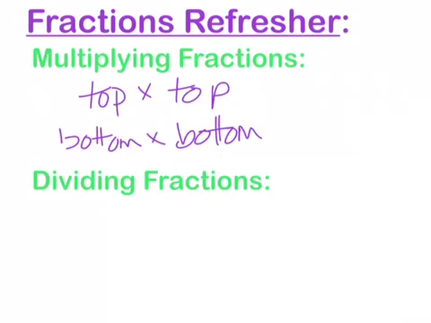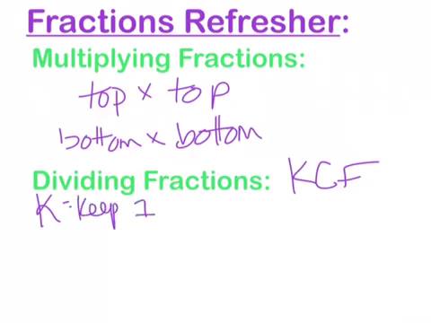Now, what about dividing fractions? No, it was not Kentucky Fried Chicken, even though y'all like to say that. It was keep, change, flip. So we're going to talk about what each one of those means. First thing we had was K for keep, because we had to keep our first fraction.